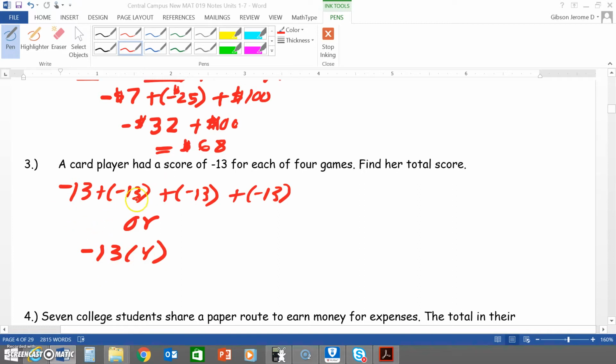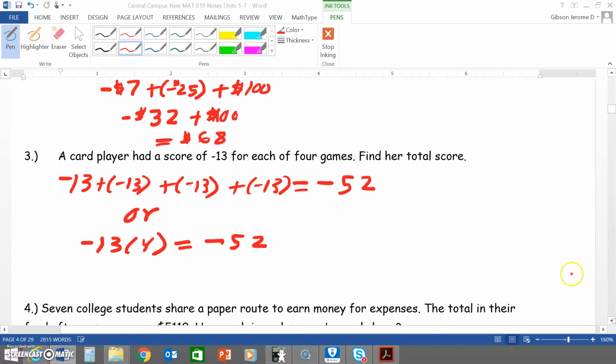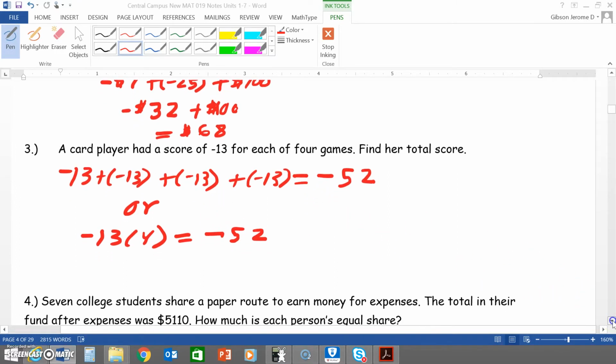Now, either one is satisfactory. If you notice, all of these have the same sign, so you will add them together and carry the sign. 13 4 times will give us, what's that, 52. So it'll be a -52, and negative times a positive is negative, and 13 times 4 is 52. So it still gives you the same answer. The total score will be a -52.